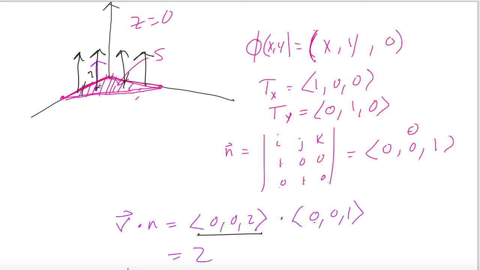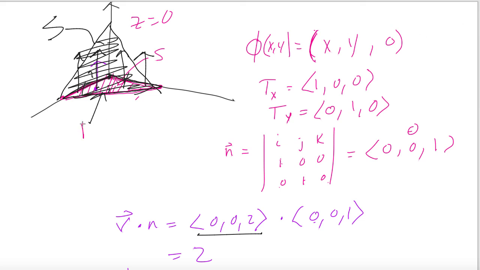Because our vector field is 2 everywhere, not just here, when this vector field comes up through this surface, it's basically the exact same cross-section as what was down below here. If we call this S and that red one down there D, they obviously do not have the same area. S has a larger area.